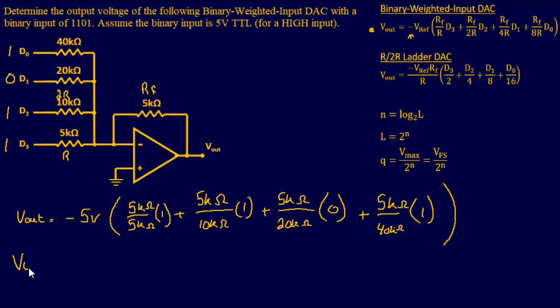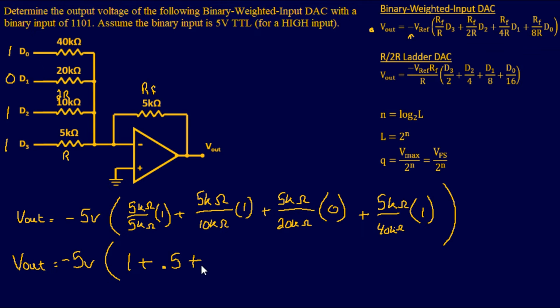So I'm going to say V out equals negative 5 volts, and I'm going to say parentheses. 5K over 5K is 1, and this is times 1. So this one's going to be 1 plus. Then we have 5K over 10K. That's pretty easy. That's 0.5, and it's going to be times 1. So 0.5 times 1 is 0.5. 5K over 20K is 0.25.